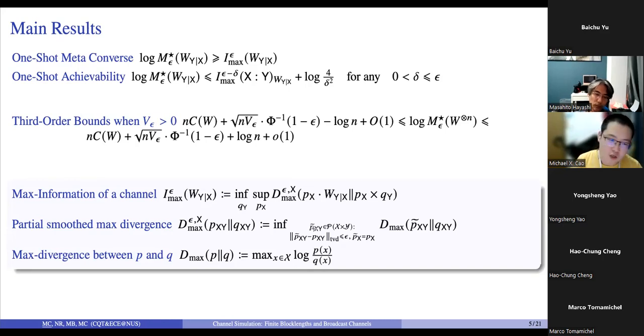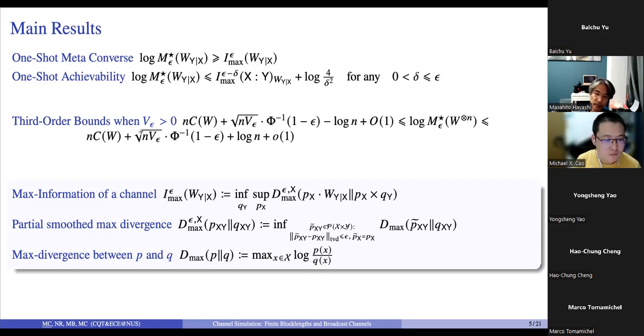That's why it's called partial. For a given tolerance epsilon, the log of the minimum message size you need is at least I max epsilon. And for achievability, you at most only need I max epsilon minus delta plus certain additional terms.